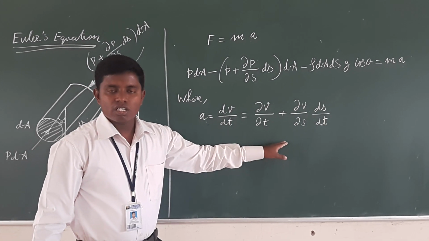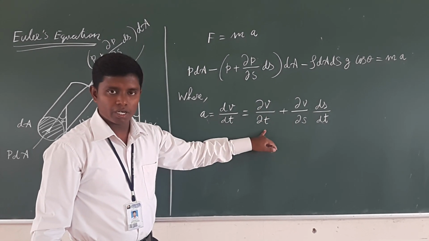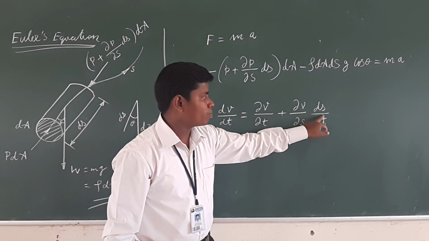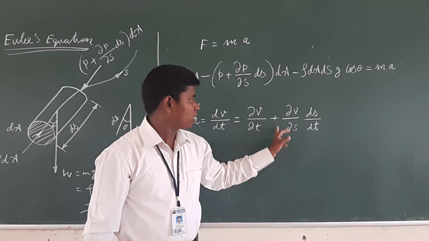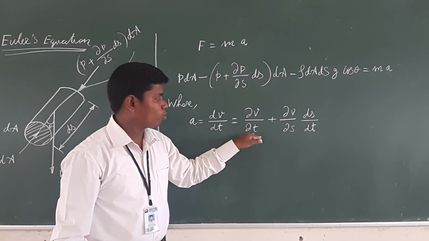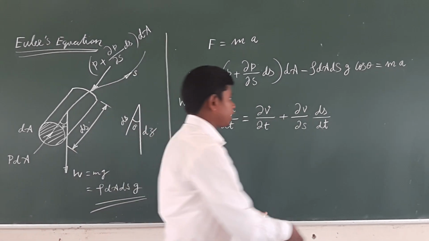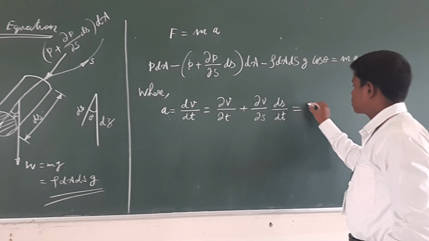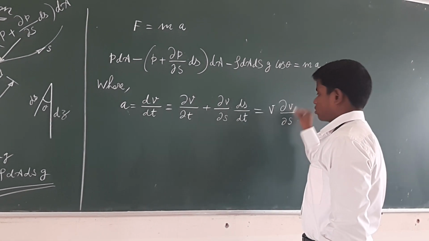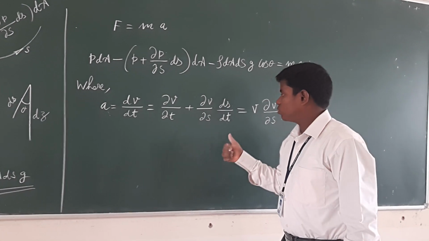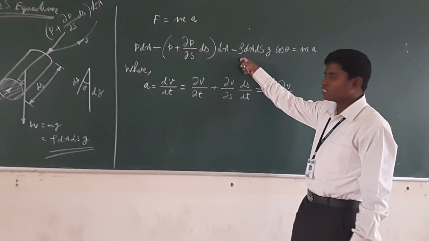If the flow is steady, then dou v by dou t will become 0, and ds by dt is nothing but the velocity, since change in distance with respect to time is velocity. So the acceleration can be simply written as v dou v by dou s.